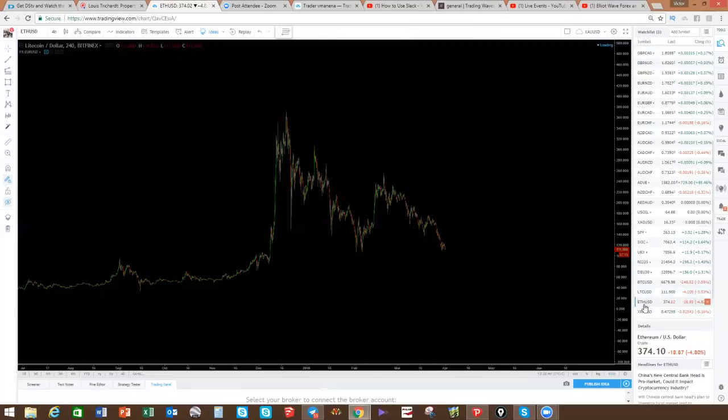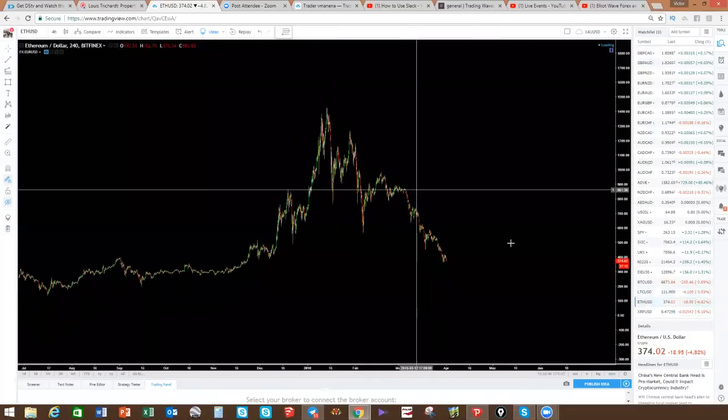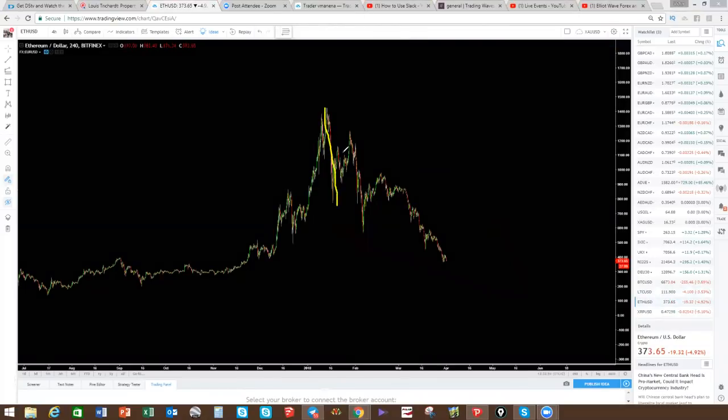Ethereum. We have 1, we got 2, we got 3. We got a correction here. And then we're getting this one as a 1, 2, 3, 4, 5 possibly. This one may bounce in 3 waves before we move further down.